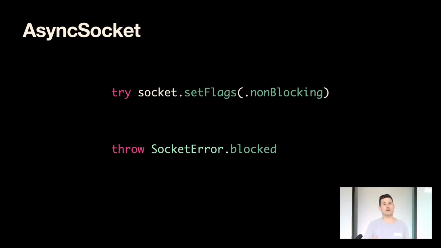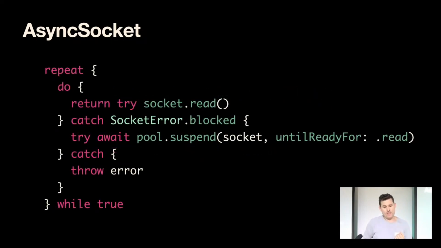So we could loop and go, let's try again. Let's sleep for a few seconds. Maybe the data will show up, and that can all work. But it would be really nice to know when data is going to be ready. But that is actually quite a hard problem. So what FlyingSocks does is it takes the pool and it uses the pool to suspend until something's ready.